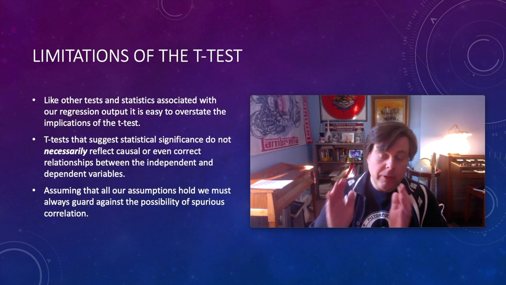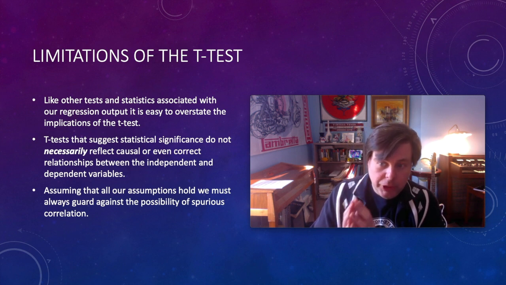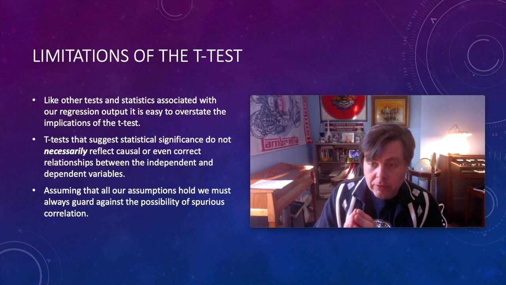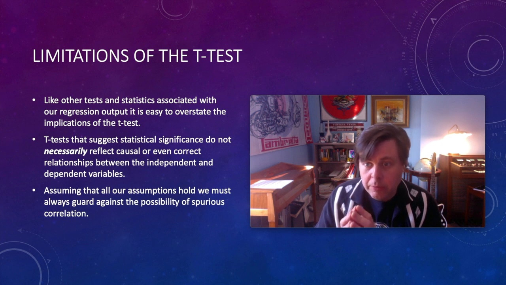So just because the t-test associated with a given estimated value of beta suggests statistical significance, it doesn't necessarily mean that our estimated regression equation is consistent with our causal hypothesis, nor is it even the case that we necessarily have the correct relationship between that independent variable and our dependent variable.